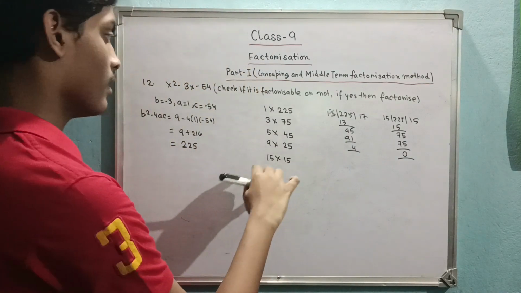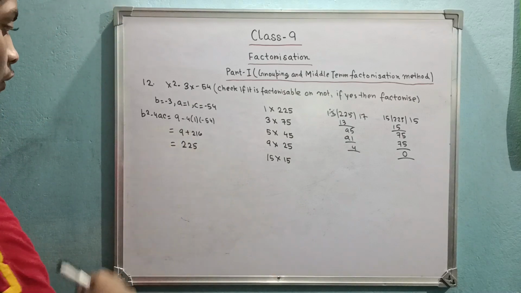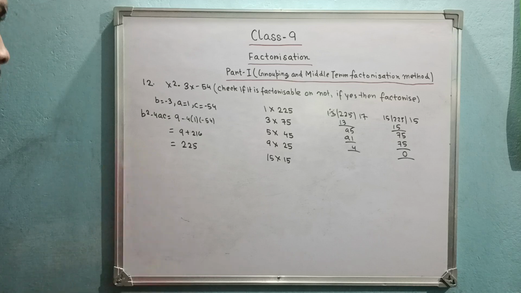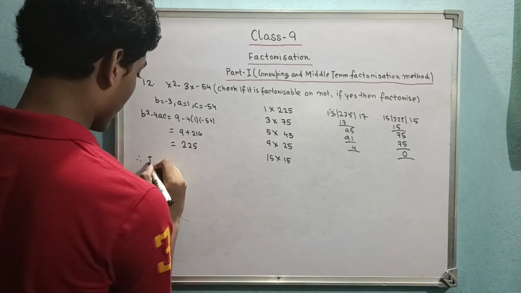So guys, see, 15 square is equal to 225. Therefore 225 is the square of 15. So this is factorizable. Therefore it is factorizable.